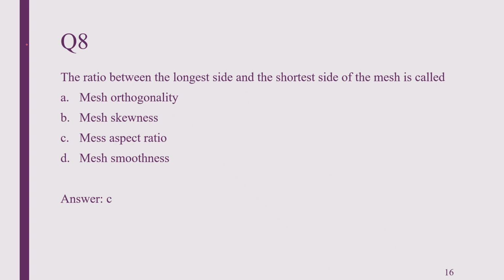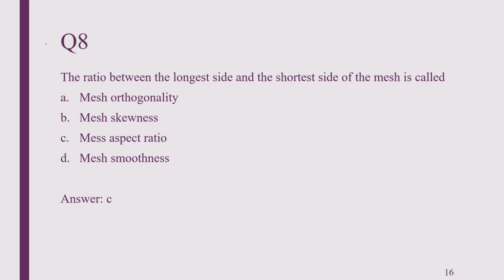What is the ratio between the longest side and the shortest side of the mesh called? In general, the ratio between the longest side and the shortest side is called aspect ratio. Similarly, in this case also, mesh aspect ratio is the answer, which is the ratio between the longest side and the shortest side of the mesh.